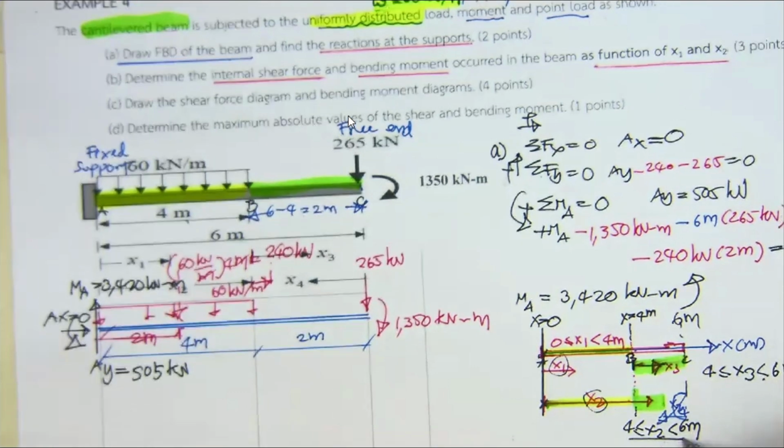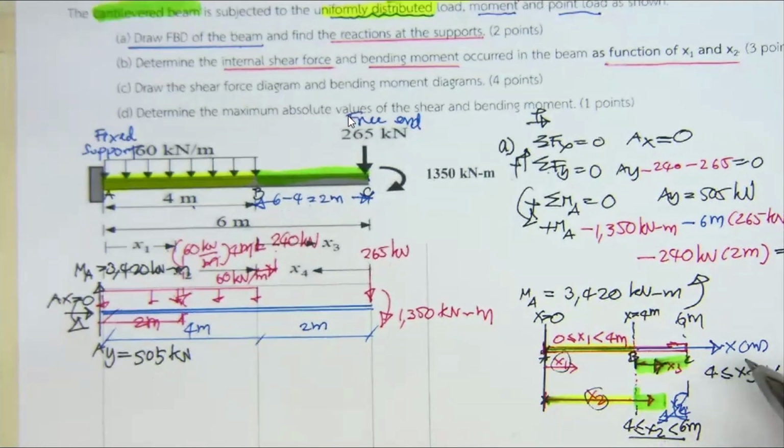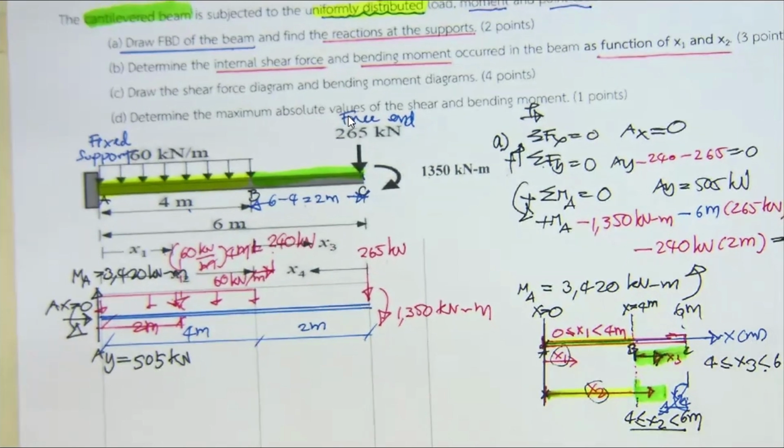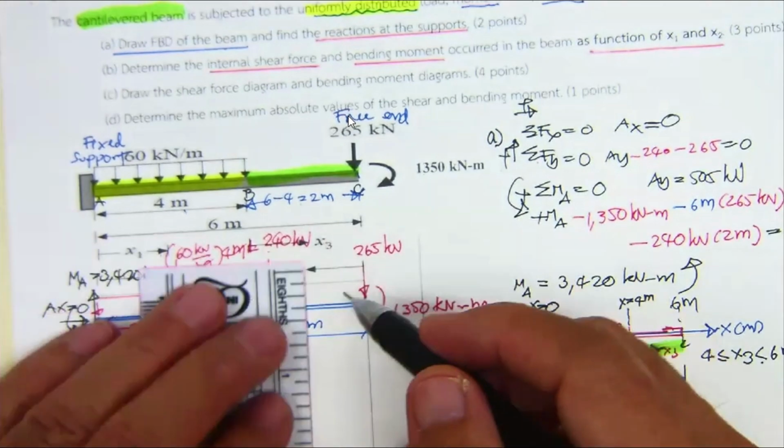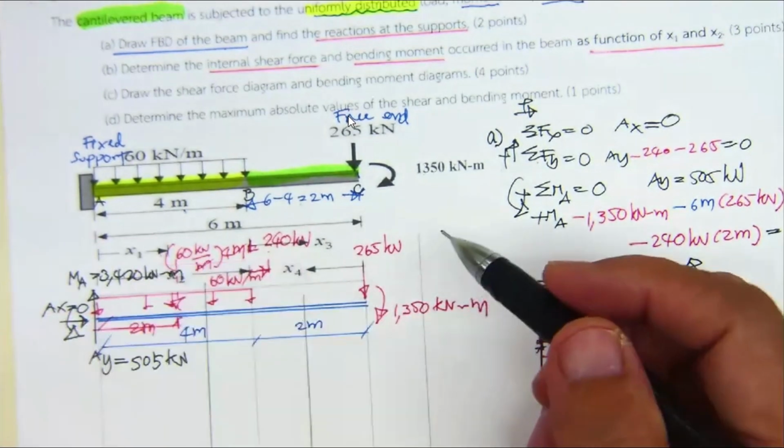Okay, for the green. The x3, sometimes people use it, but most of the time I prefer to use x1 and x2. If we decide to use x1 and x2, what we have is we have to cut this portion and this portion.